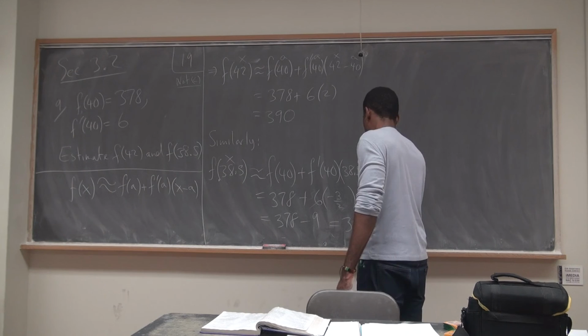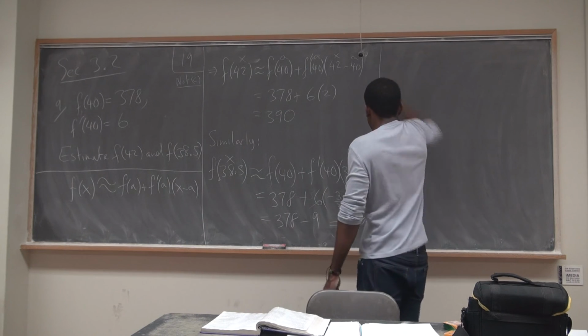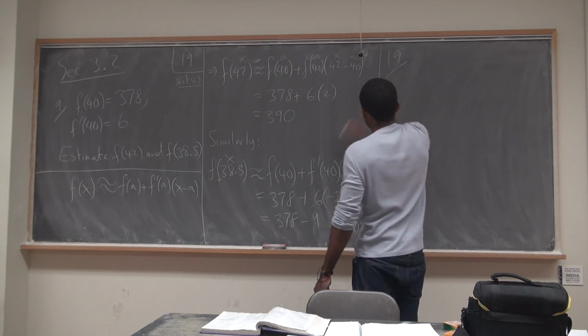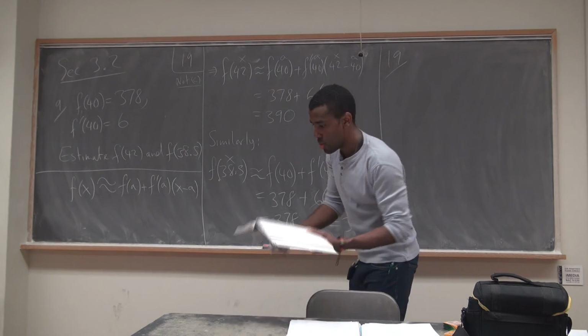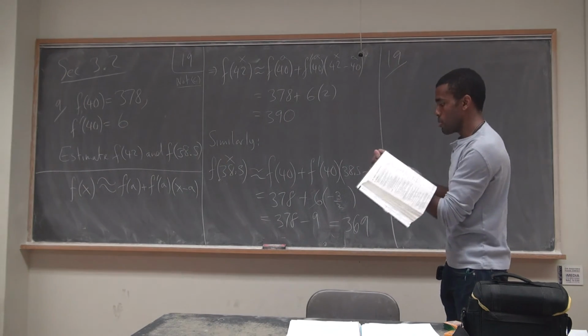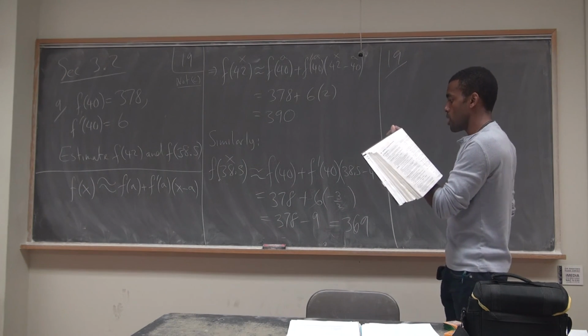Problem 19. They gave you two functions. A manufacturer of power supplies estimates that it will incur a total cost of blah.